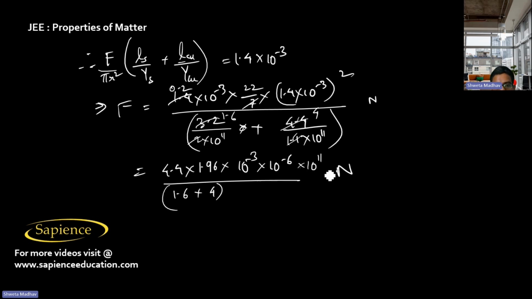So this much in Newton. So this is 5.6. I can take 4 eights, that gives us 16, and 4 elevens are 44. So this is 1.1 into 1.96 by 1.4 into 10 power 11 minus 9 Newton.